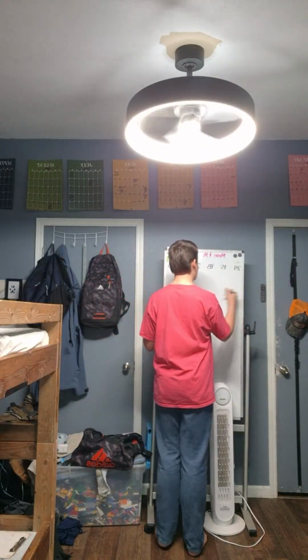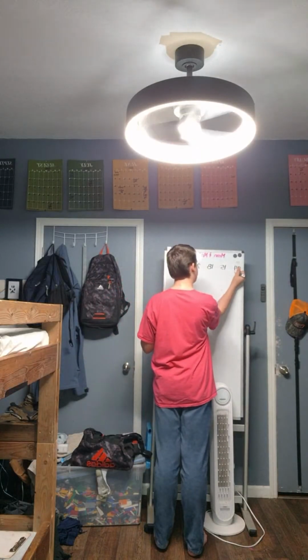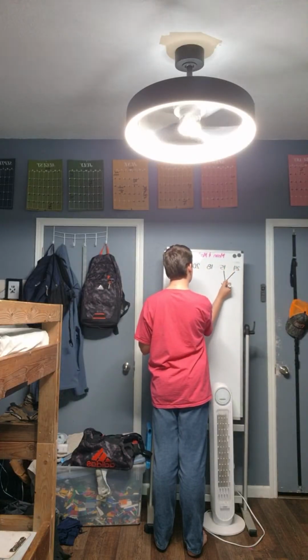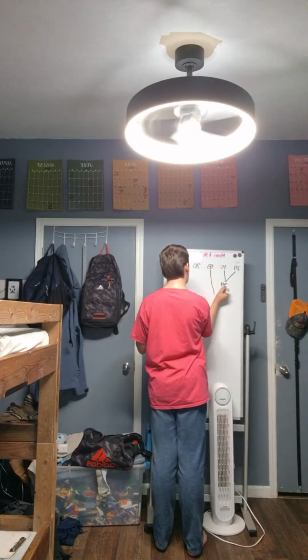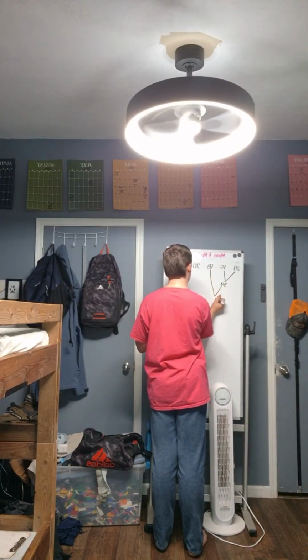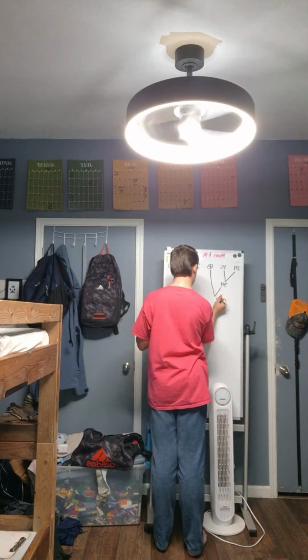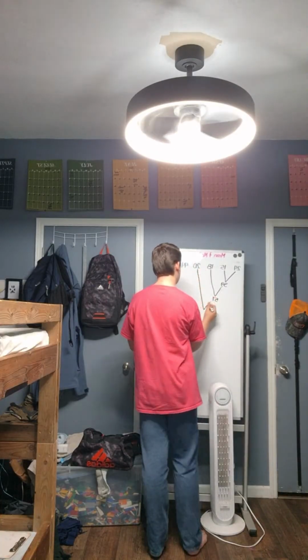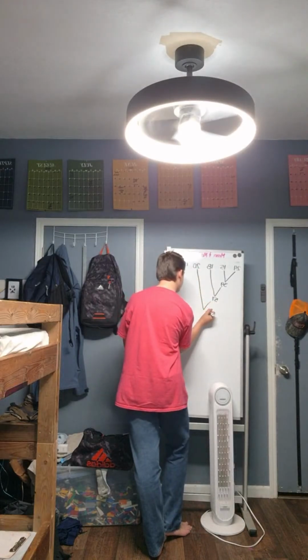So, we're going to add these up to make sure. 24 plus 15 is 39. 39 plus 18 is 57. 57 plus 20 is 77.